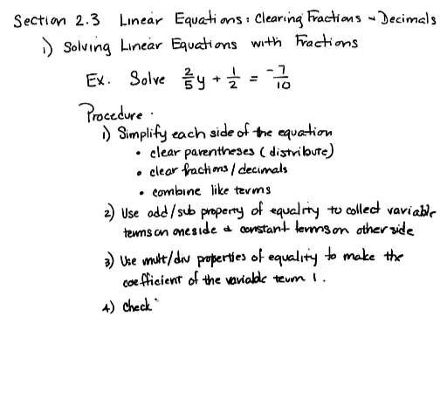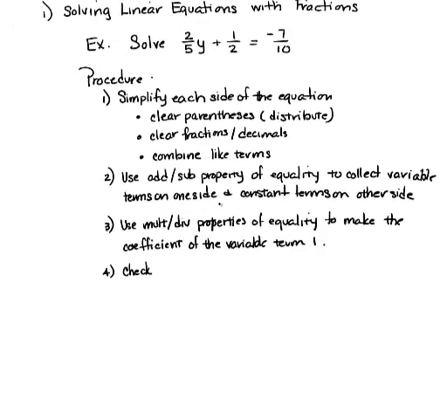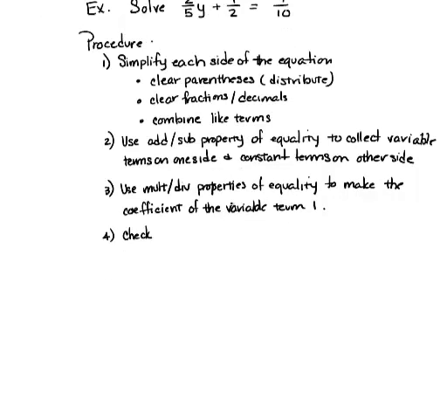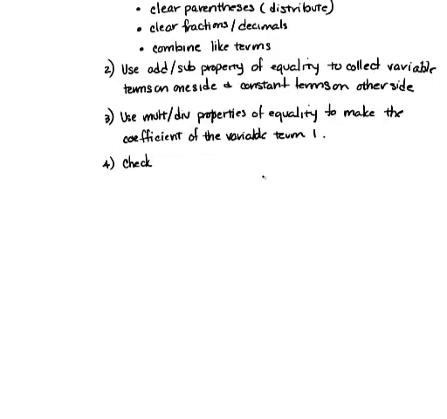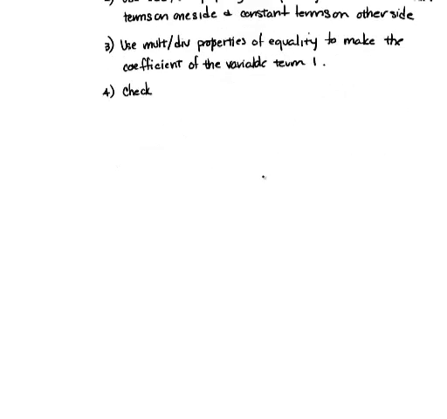Okay, so this is our standard procedure, and so let's take a look at the problem that we have. I'm going to go ahead and rewrite this. Again, I'll go back to my original problem, which was solve 2/5 y plus 1/2 equals -7/10.